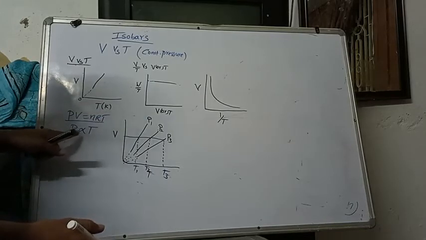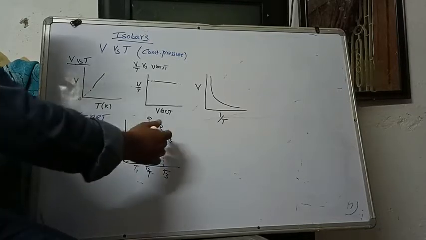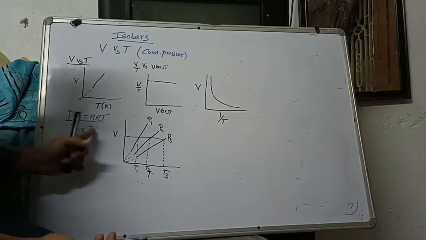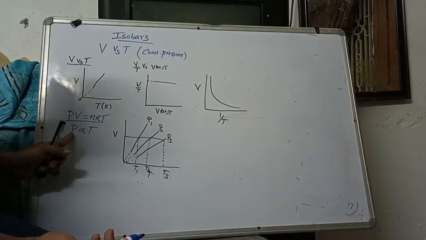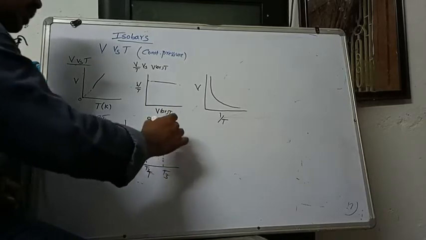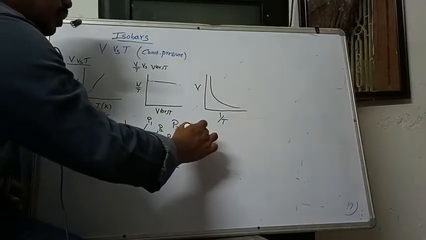Whenever you increase the temperature, what happens to the pressure of the gas? It increases. Directly proportional. So if pressure increases, temperature increases, and if temperature increases, pressure automatically increases. So the relation between these is P3 greater than P2 greater than P1.